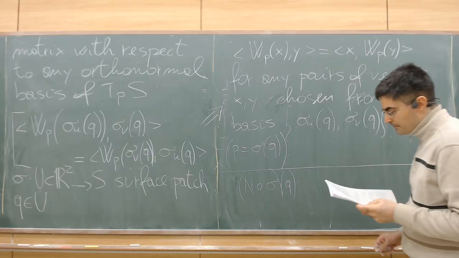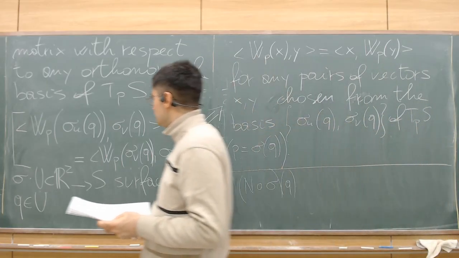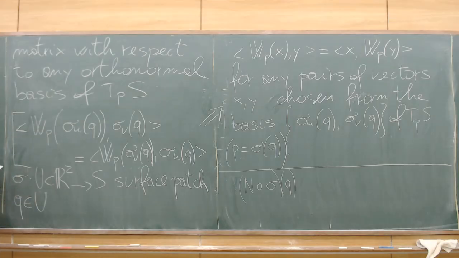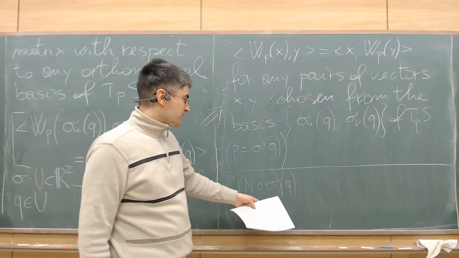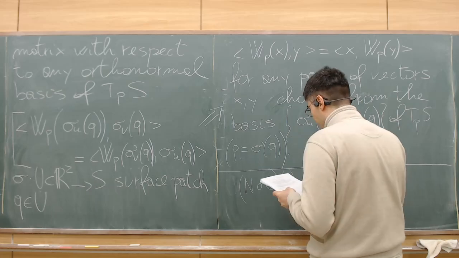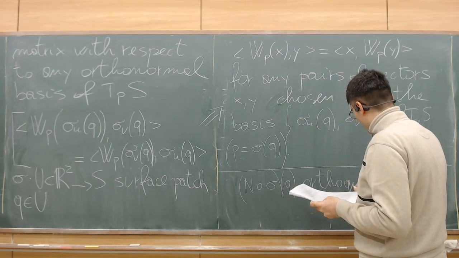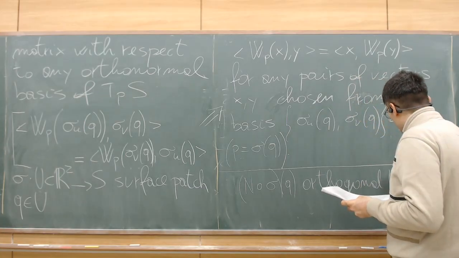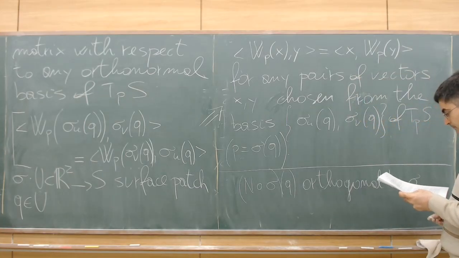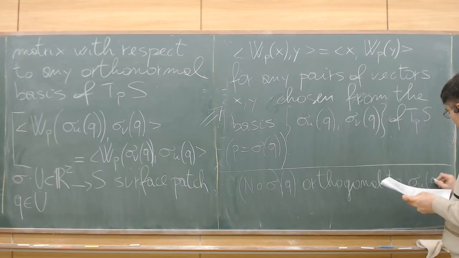This is a map defined on U, which gives you a vector which is orthogonal to sigma u q.